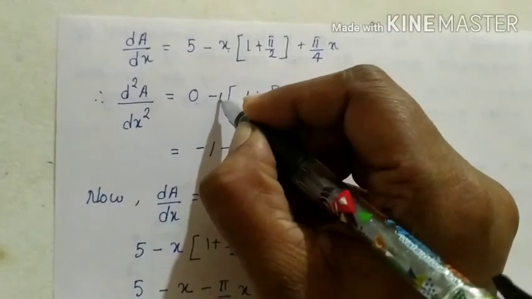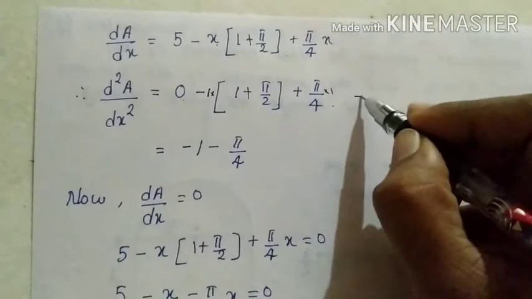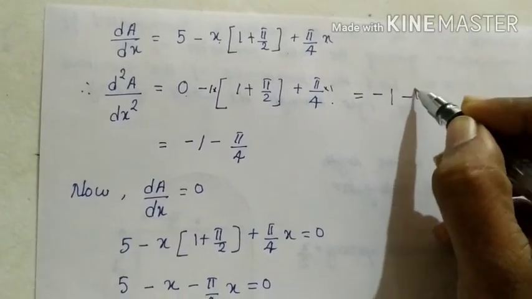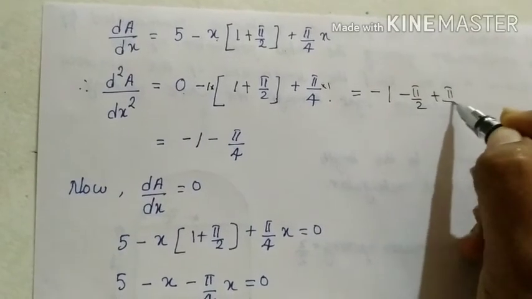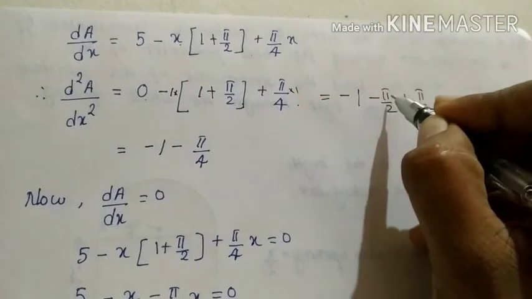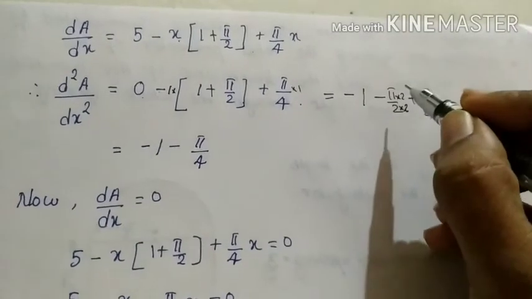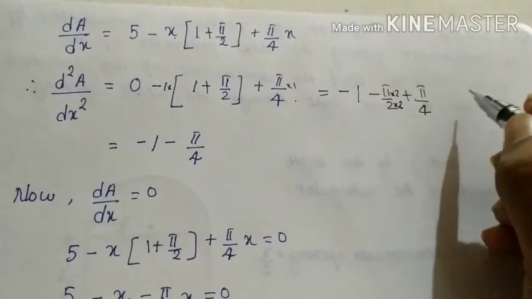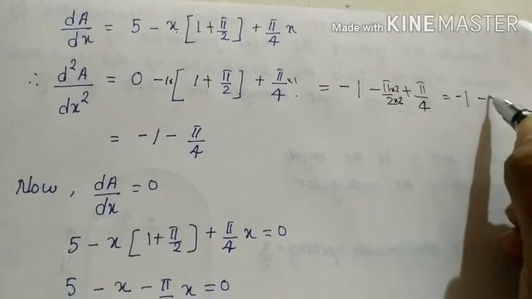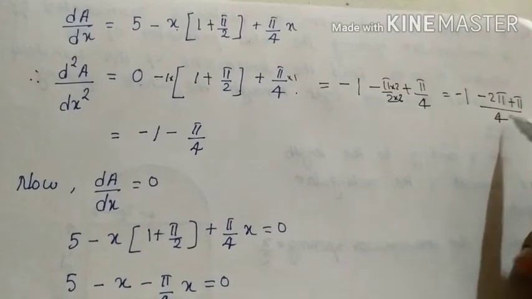So opening this bracket, we get minus 1 minus pi by 2 plus pi by 4, which is equal to, multiplying with 2 in both numerator and denominator, minus 1 minus 2 pi plus pi, denominator are the same, 4.